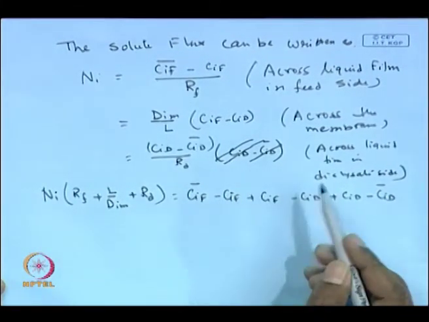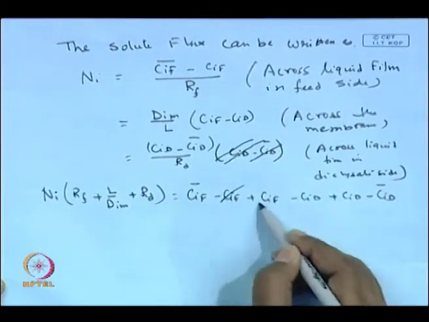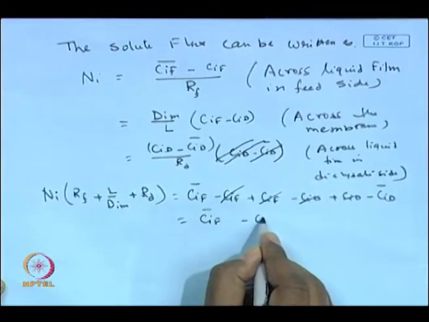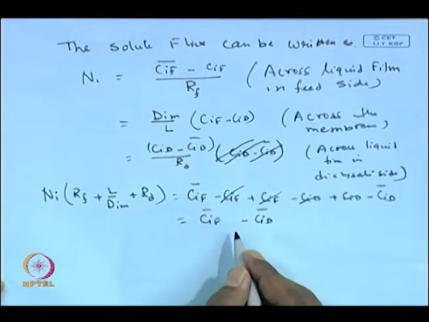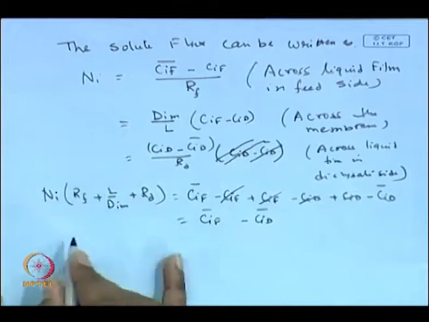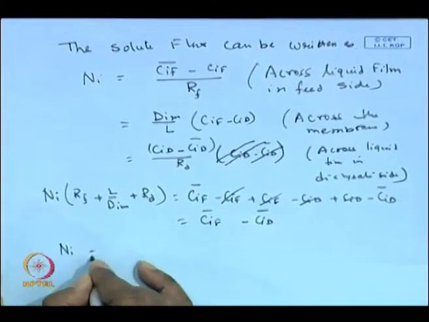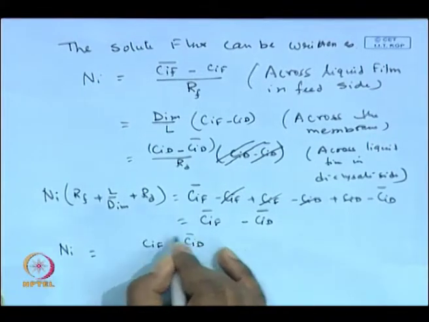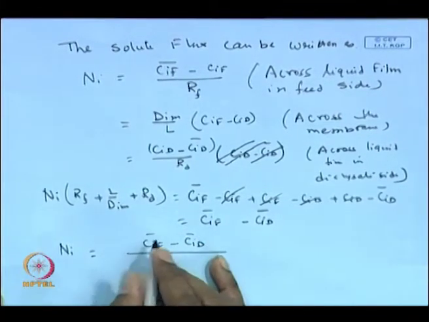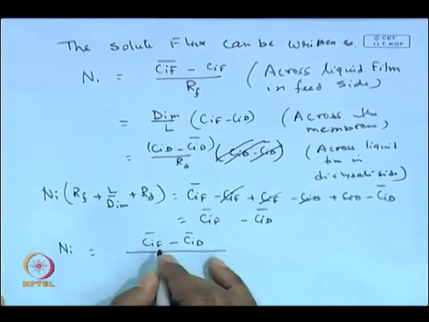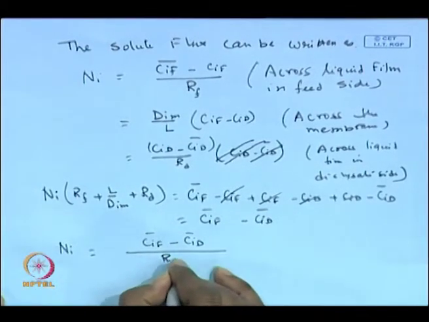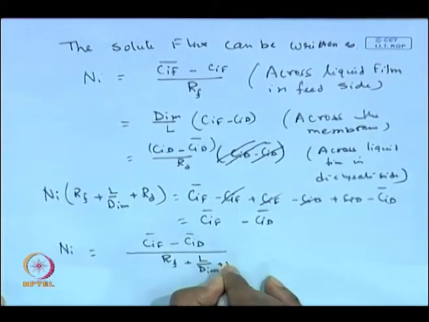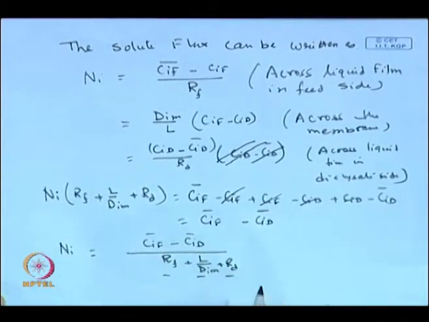So, all the intermediate interface concentrations will cancel out, and you will get the difference of the two bulk concentrations, that is in the feed side and in the dialysate side. So, the solute flux Ni can be written as Cif bar minus Cid bar divided by R overall, the Rf plus L by Dim plus Rd, and these three resistances are in series.